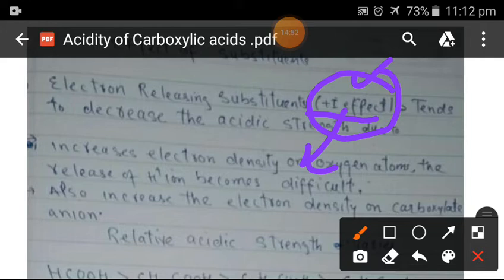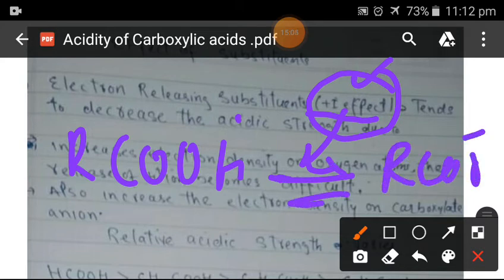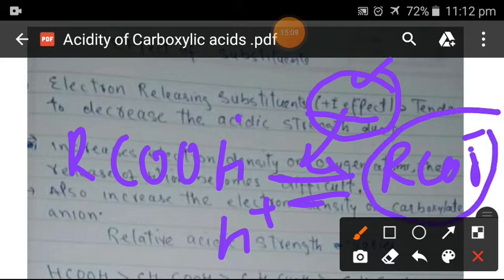Plus I inductive effect means they tend to decrease the acid strength, because we know that when the carboxylic acid ionizes it gives RCOO negative ion and H positive, and we have seen that this carboxylate anion carries negative charge on these oxygen atoms in the resonance hybrid structure.